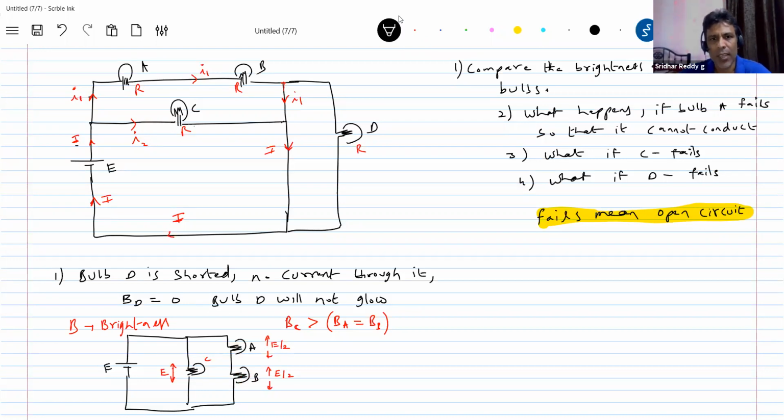Let's come to the second situation. What happens if bulb A fails so that it cannot conduct? What should be the circuit diagram? Bulb A fails to conduct, which means it's like an open circuit, no? So where the bulb is, you put an open circuit.